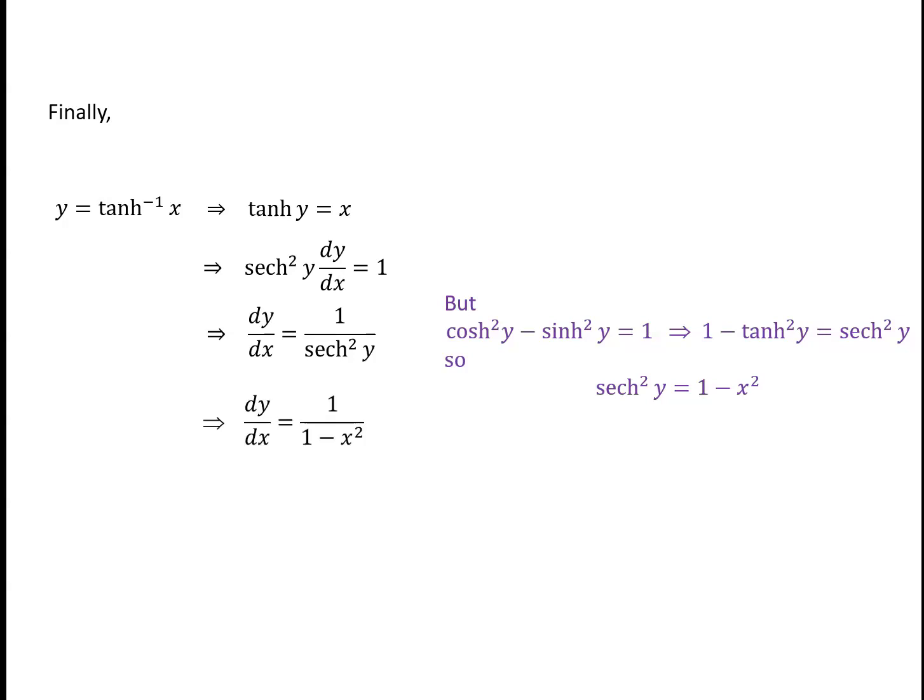So we've got dy by dx is equal to 1 over 1 minus x squared. So we've got our third result for the inverse hyperbolic functions. If y is tanh to the minus 1 of x, then dy by dx is 1 over 1 minus x squared.